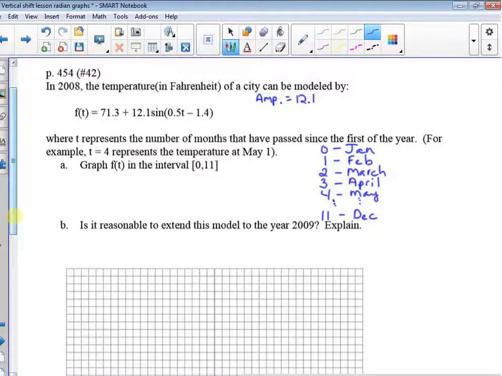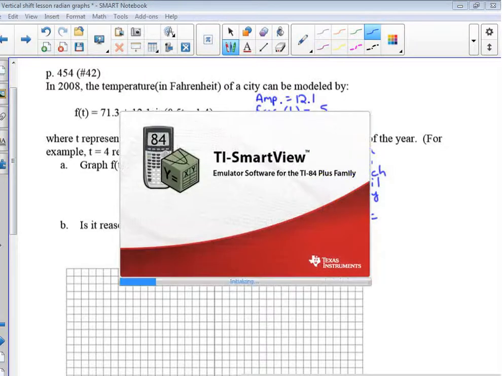My frequency, or B, is equal to 1/2, or 0.5. The period is 2 pi divided by 0.5, which is 4 pi. Now, we want to do this graph in radians.